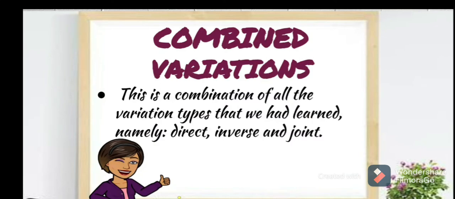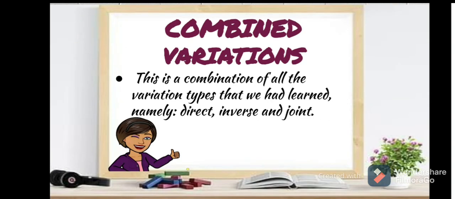Describe a combined variation. This is a combination of all the variation types that we had learned, namely direct, inverse, and joint. Remember, for direct, we have varies directly. That would be y is equal to kx. For inverse, varies inversely or inversely proportional to, we have y is equal to k over x.